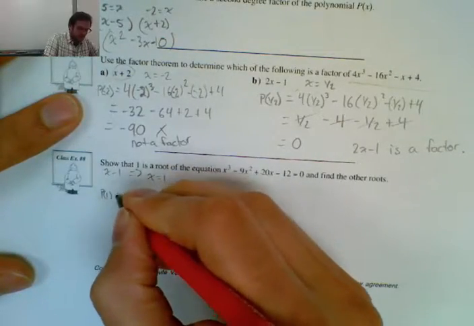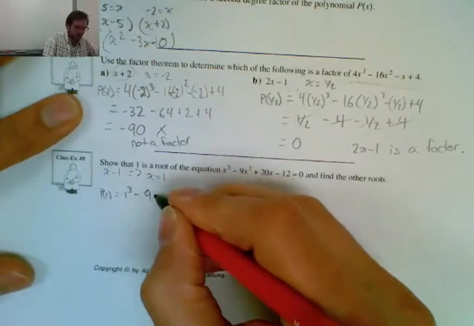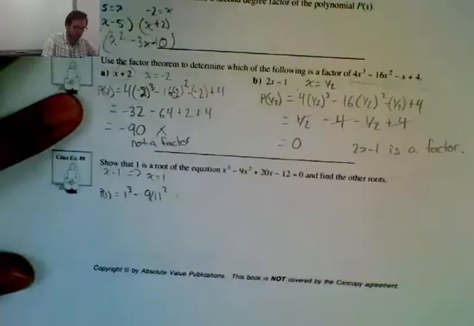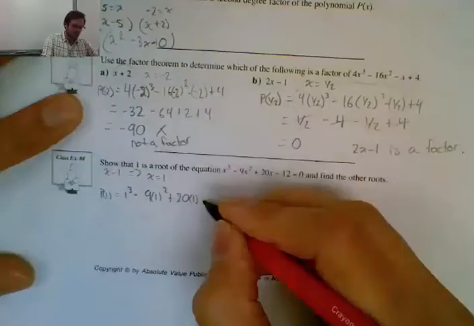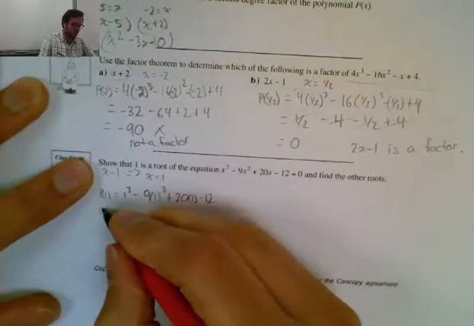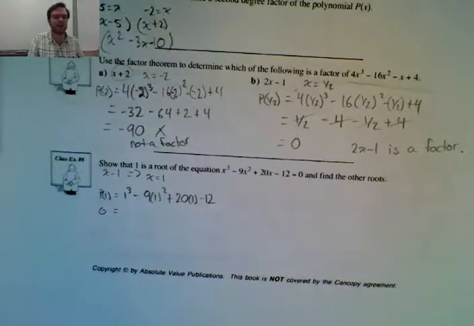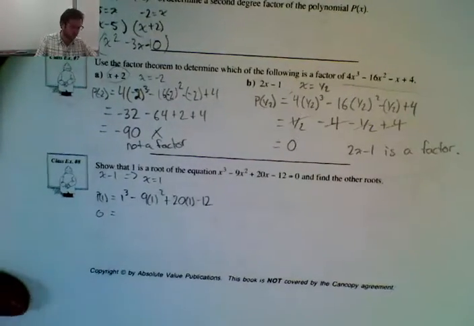So we're going to go P of 1 is equal to 1 cubed minus 9 times 1 squared plus 20 multiplied by 1 minus 12. And we have to show that that's equal to 0. If it's equal to 0, then it is a root, or a factor. Factors and roots are essentially the same thing.